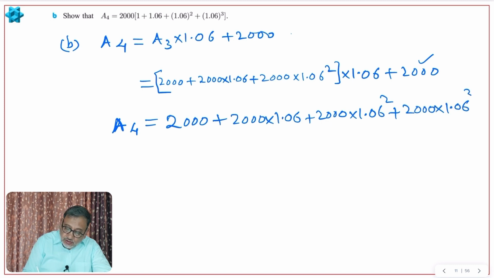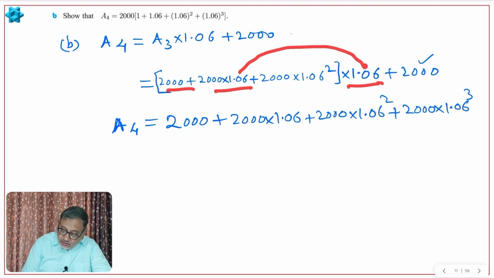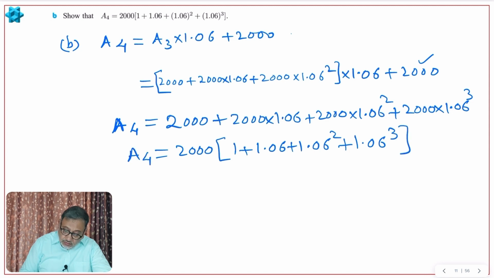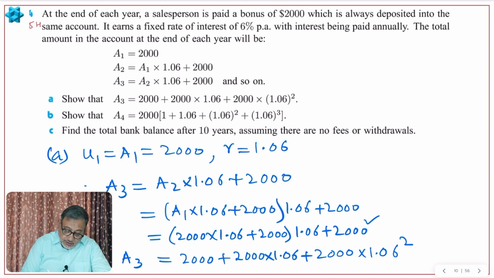This into 1.06, then this into 1.06 will be the square of it, then this into 1.06 will be the cube of it. So like that I have copied all of them. From all of them 2000 can be common. So 1 plus 1.06 plus 1.06 square plus 1.06 cube. Okay, this is A4.